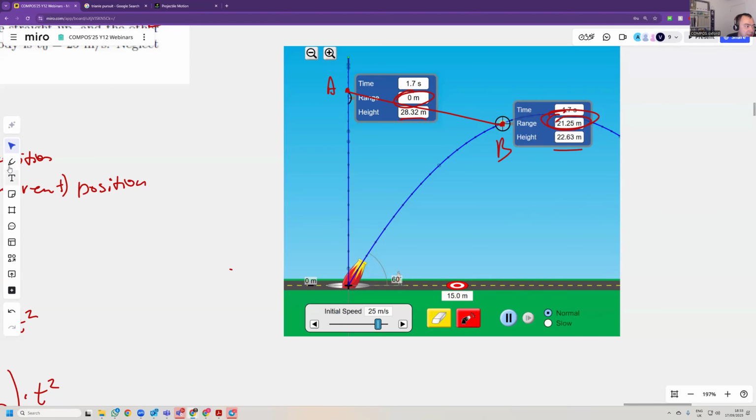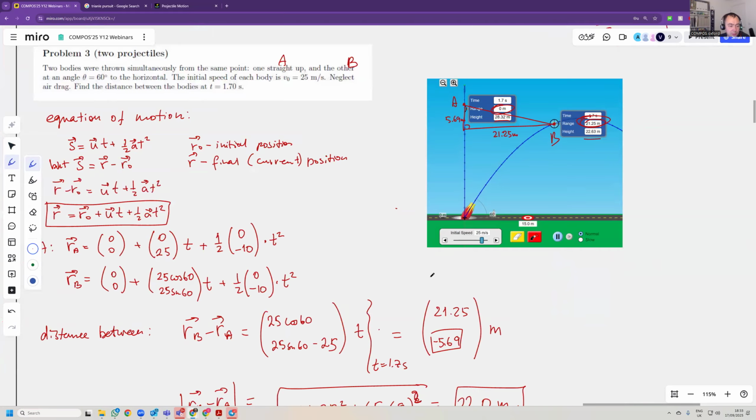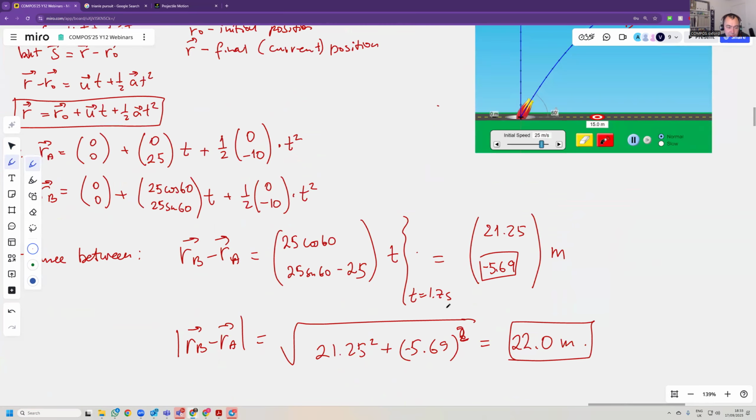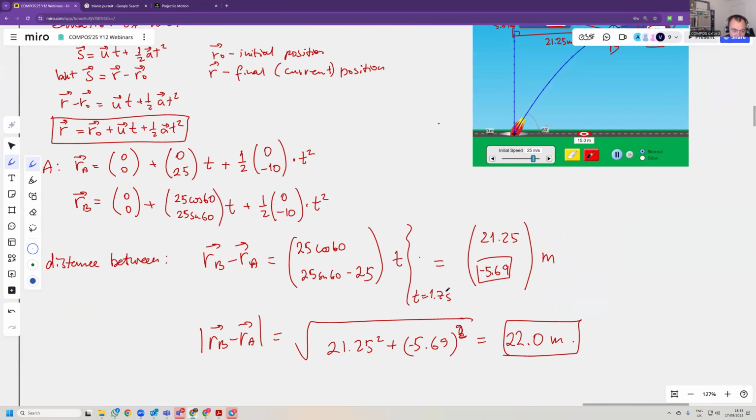You can use Pythagoras here. So this is about 20. This is 21.25 meters, and the vertical is 5.69 meters. So yes. So 1.7 seconds. It's not a 1.75. It's 1.7 s. Apologies for my penmanship.